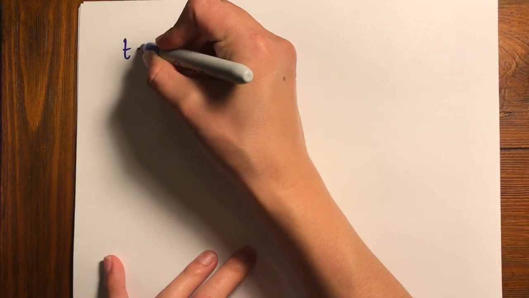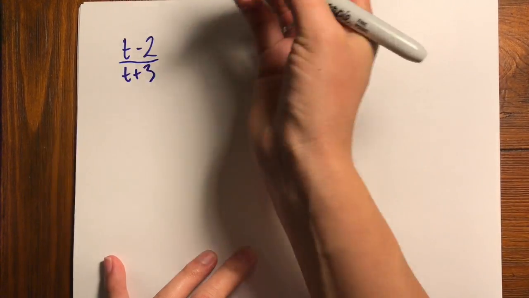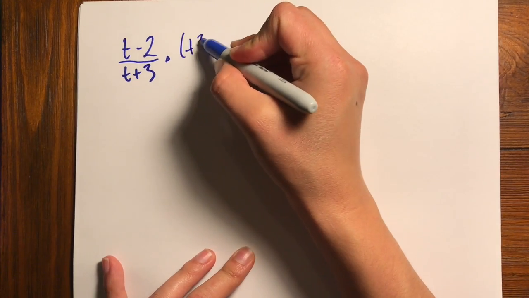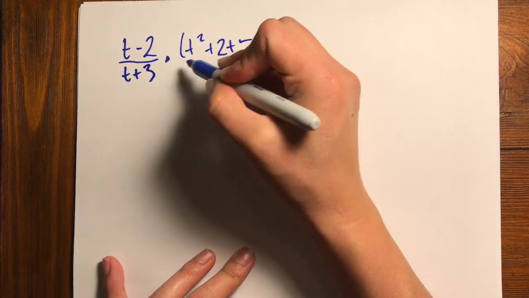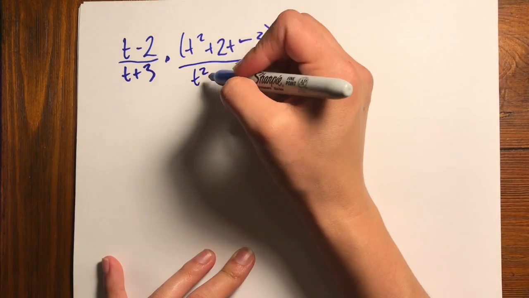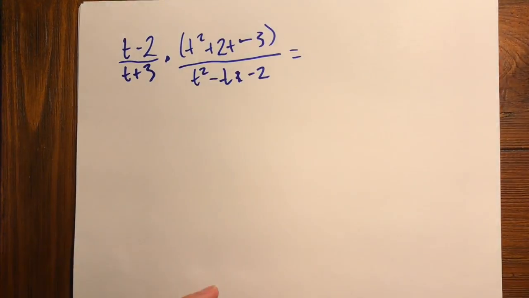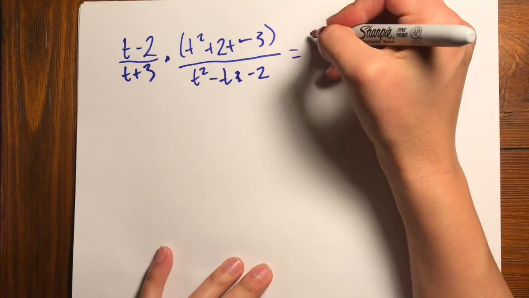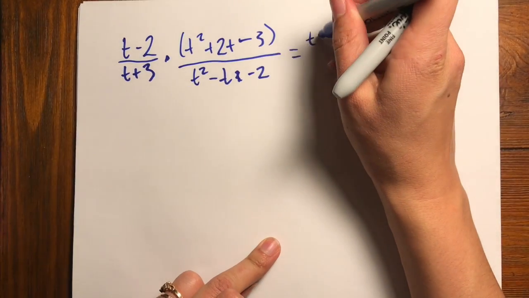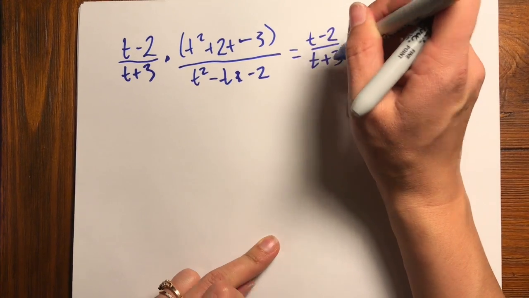Excellent. We're going to move on to another example. If I have t minus 2 over t plus 3, and then this is just multiplied, we're not going to do a division with this one, but it's multiplied by some complicated looking polynomial on the top and another complicated polynomial on the bottom. Usually when you see complicated polynomials, you probably want to factor them. So that's what we're going to do here.